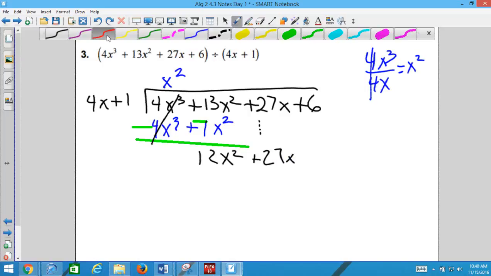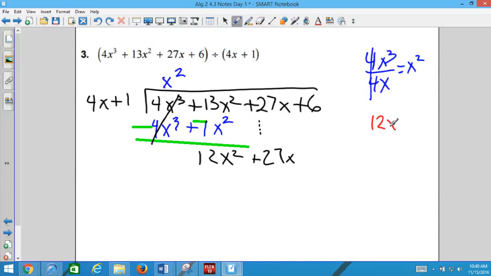If you are working ahead of me, you should be checking your steps as we go. What'd you get for your remainder? All right, next we're going to take 4x into 12x squared. So 12x squared divided by 4x. That gives me 3x.